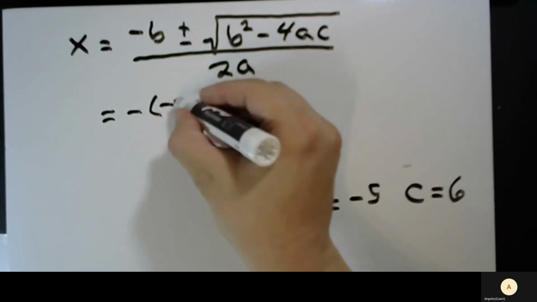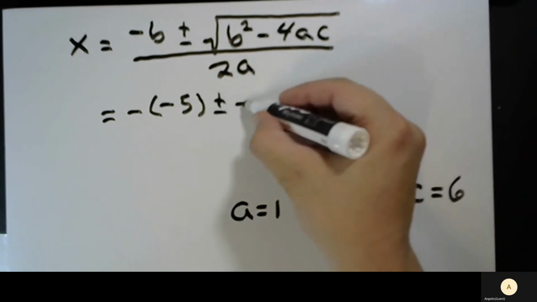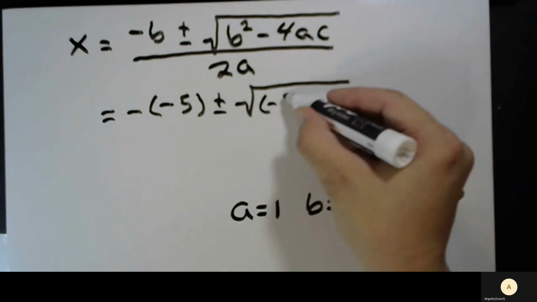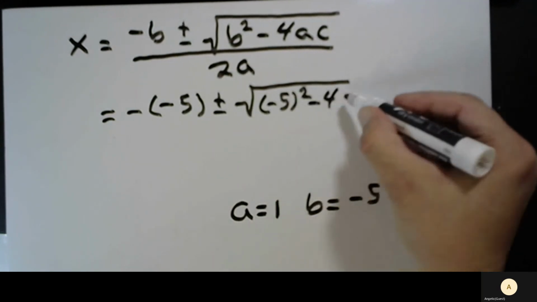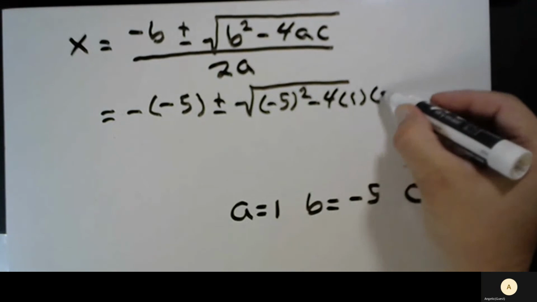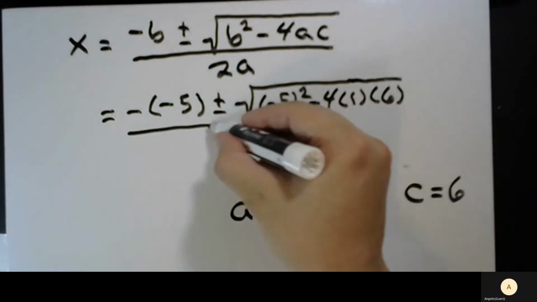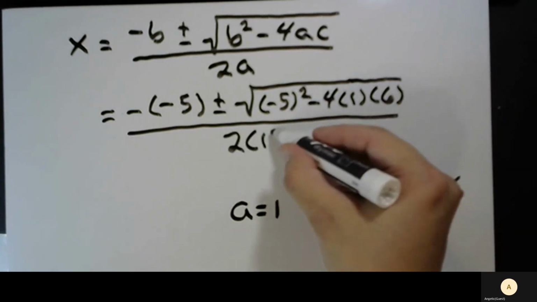Or negative negative 5 plus or minus square root of negative 5 squared minus 4 times 1 times 6, and then 2 times 1.